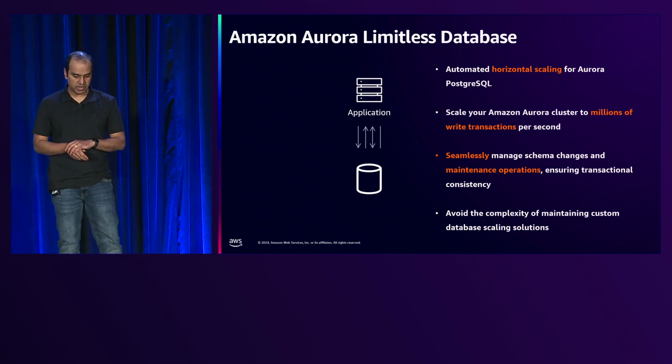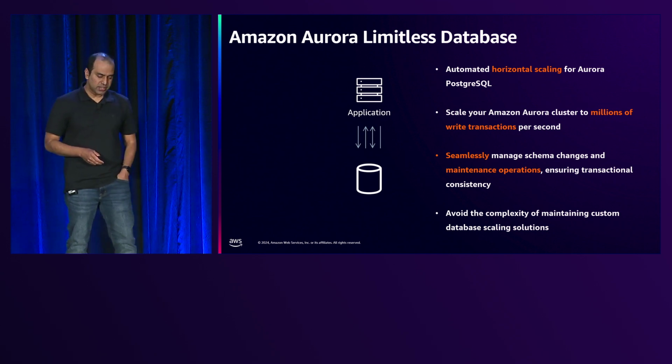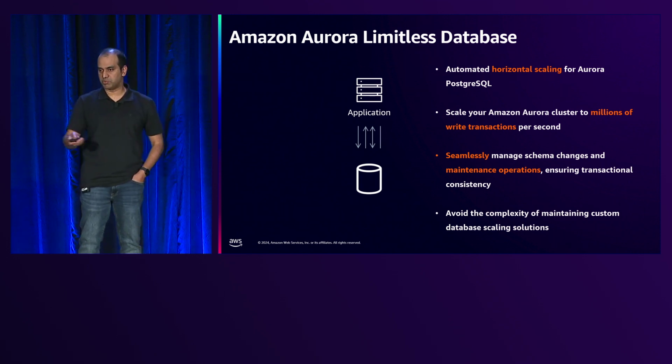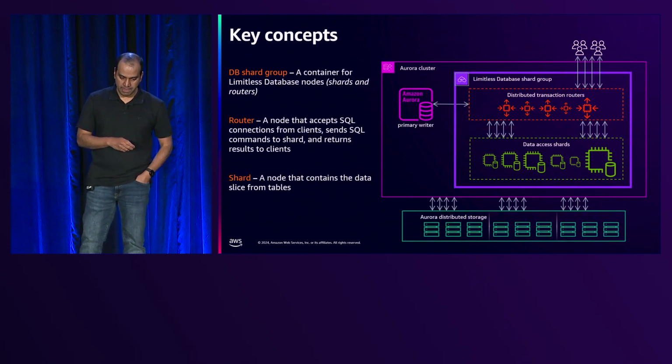It can store petabytes of data, and from an operations standpoint, it's pretty seamless. You can ensure transactional consistency with Limitless Database. And the main takeaway is that you don't have to manage or deal with the complexity of doing sharding by yourself. Limitless Database handles that for you.